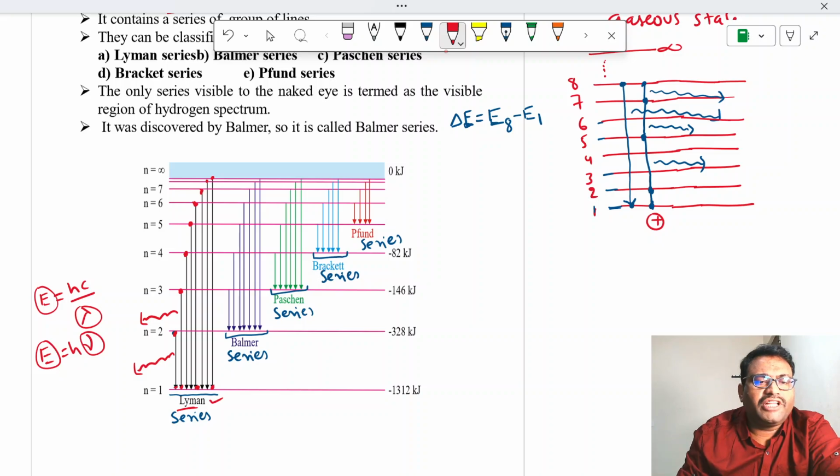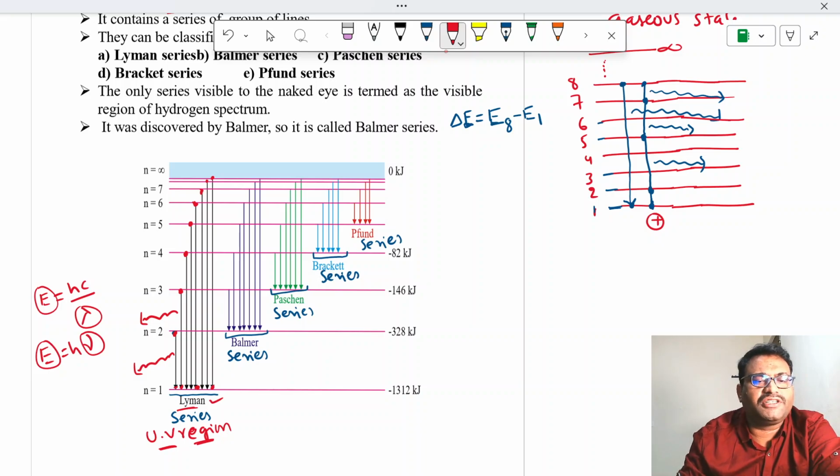So their wavelengths or frequencies lie in the range of the UV region. We have studied the electromagnetic spectrum. In that electromagnetic spectrum there is the UV region, which has a range of wavelength and a range of frequency. These spectral lines, their frequencies or wavelengths, lie in the UV region. So that is the Lyman series.